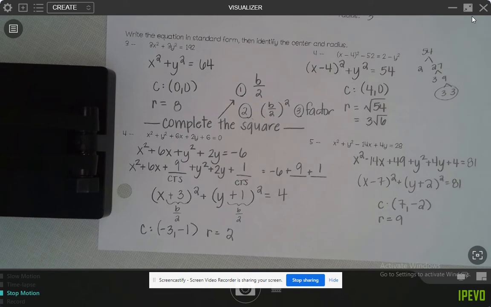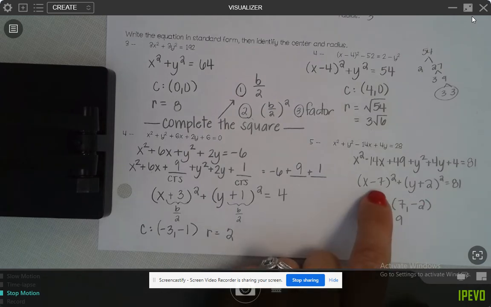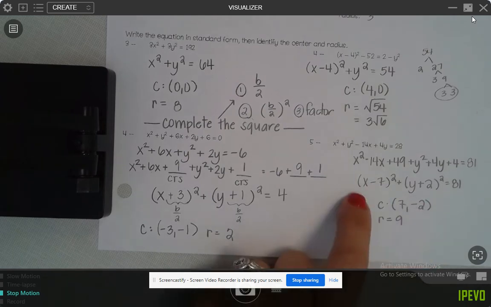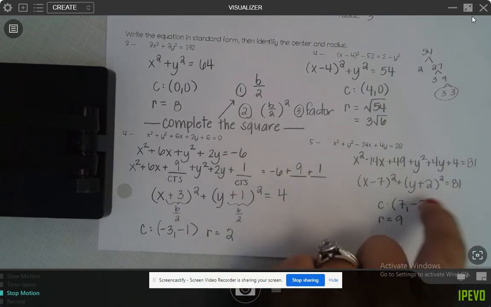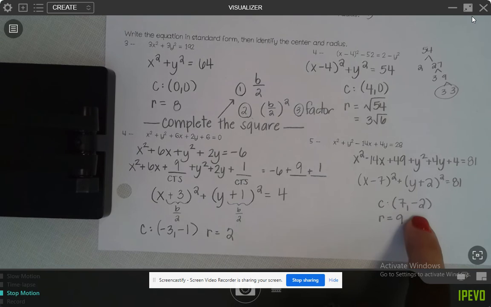Because whenever you square something, it's always positive. Then how's that one negative? Because it's x minus h plus y minus k. So if it's y plus a number, that means your number has to be negative. It's always opposite of what's in the parenthesis.